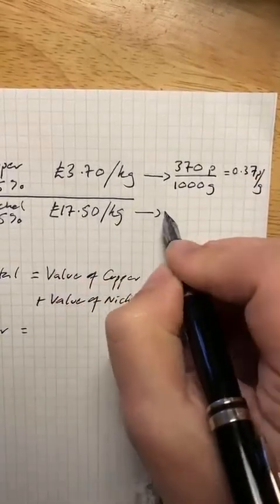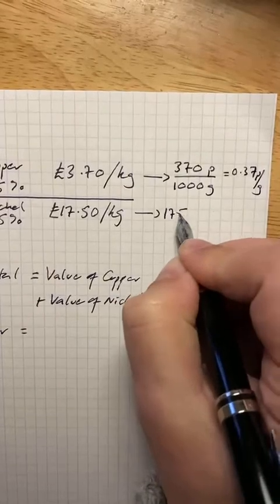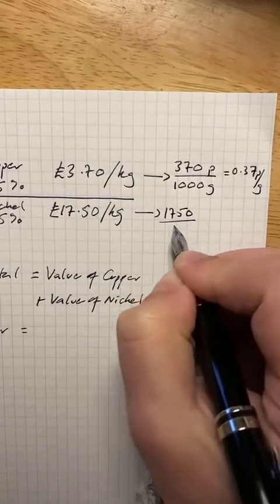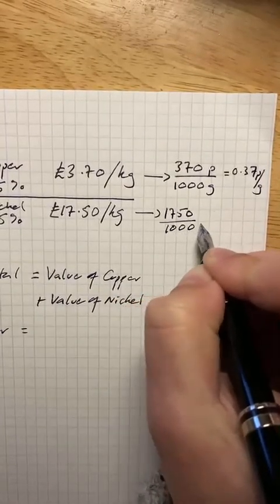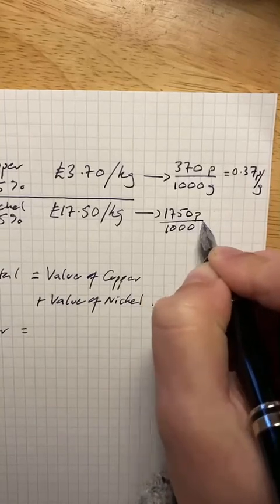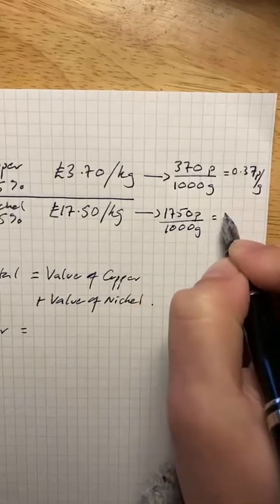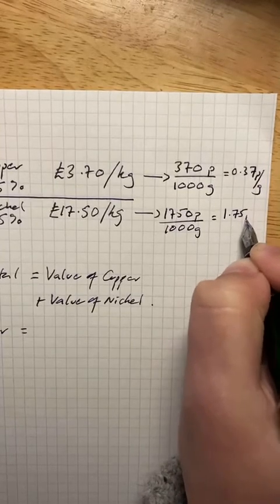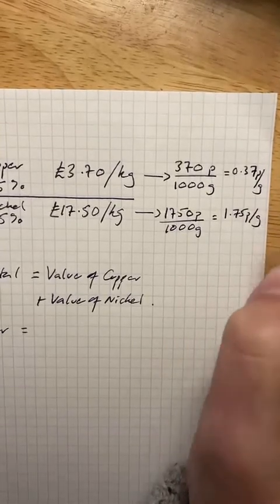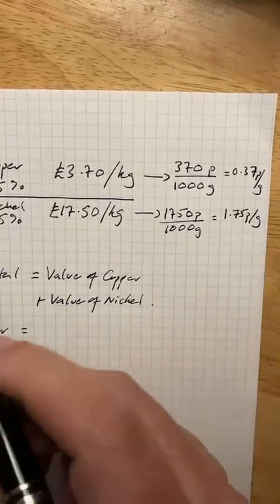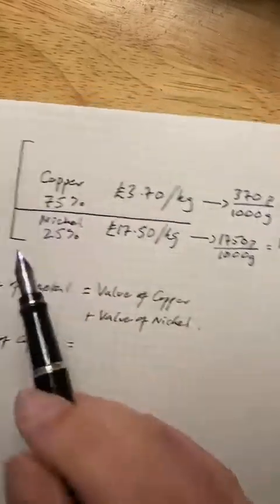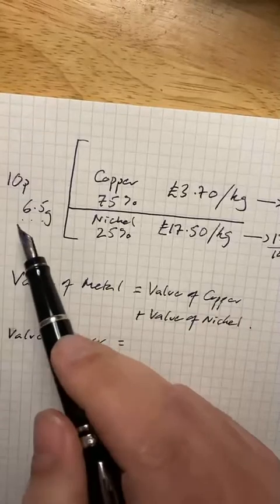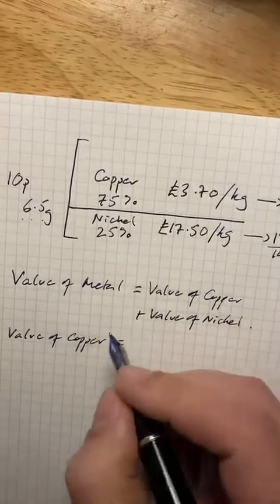Similar reasoning here, it's 1750 pence per 1,000 grams. So it's 1.75 pence per gram. What that allows us to do is make the 6.5 grams a little bit easier to deal with.